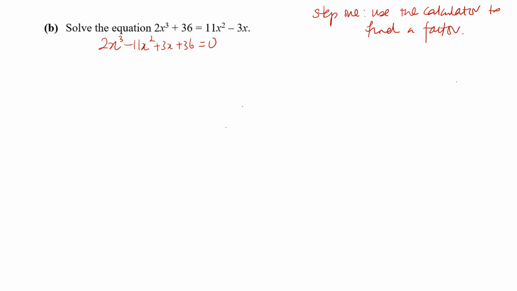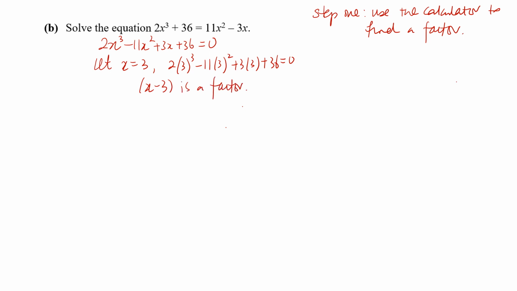Alright, so depending on the brand of the calculator, I think if you're using Casio, it's mode 3 if I'm not wrong. So if I let x equal to 3, you get remainder equal to 0. So from there, x minus 3 is a factor. Alright, so once you get a factor, what's the next thing? You have to find the other quadratic factors, right?